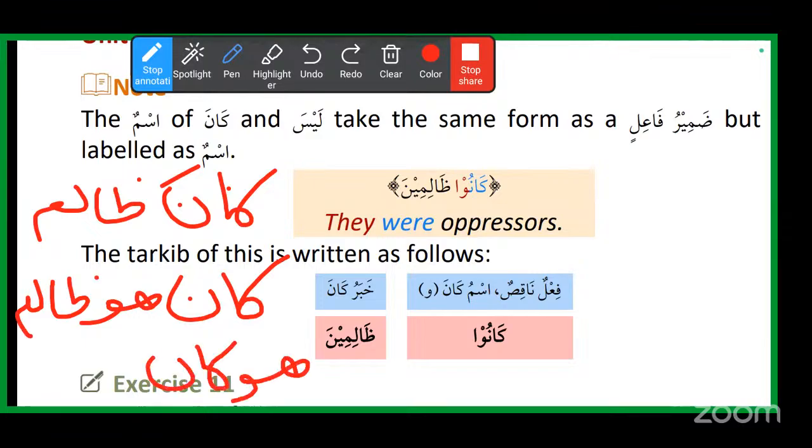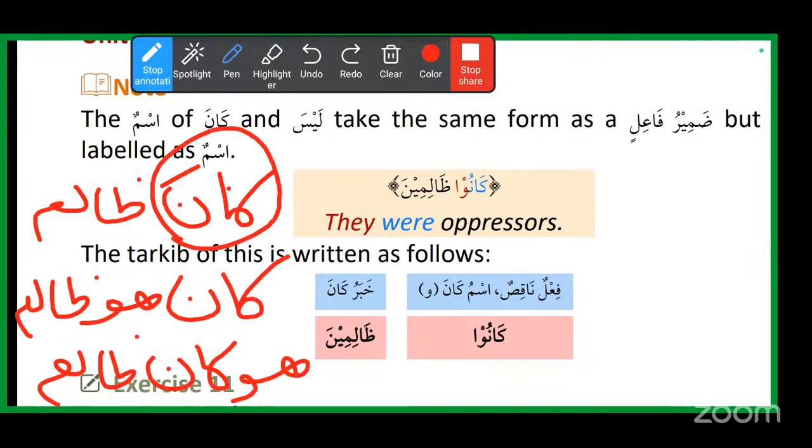There are times the ismu kana is visible and when it is not. When is ismu kana visible? It depends on the sentence. If ismu kana is included in the word kana. For example, here we can see kana zalimun.